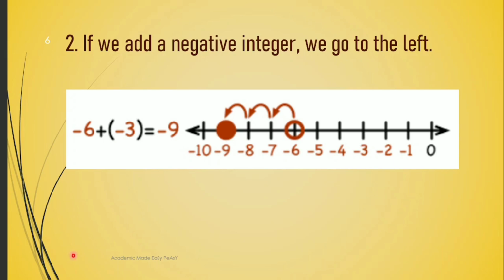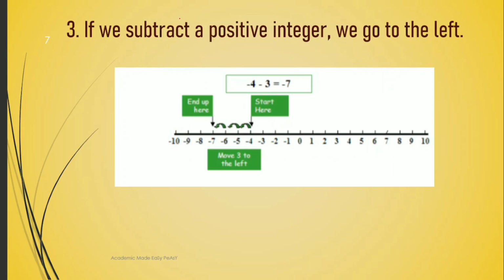That's it. Next, if we subtract a positive integer, we go to the left. That is, while subtracting, we will always move towards our left. So if we subtract a positive integer, we move towards our left. Since I have taken -4 - 3 equal to what, I will first point out -4 on my number line.